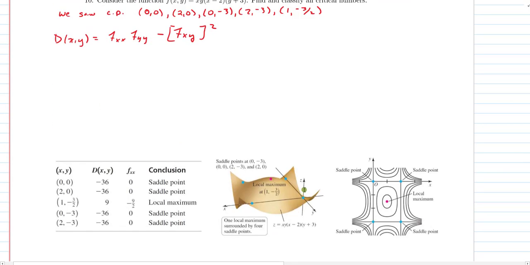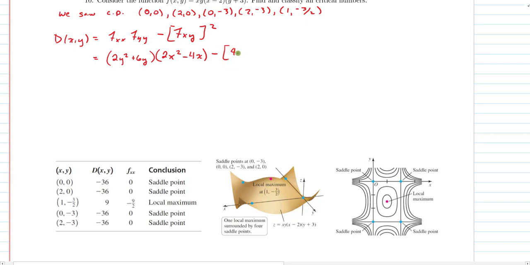This is going to be lengthy, folks, in our case, for this particular problem. But our f sub xx we found to be 2y squared plus 6y. And then we're going to multiply that by f sub yy, which we found to be 2x squared minus 4x. And then we're going to subtract from that our mixed partial squared.